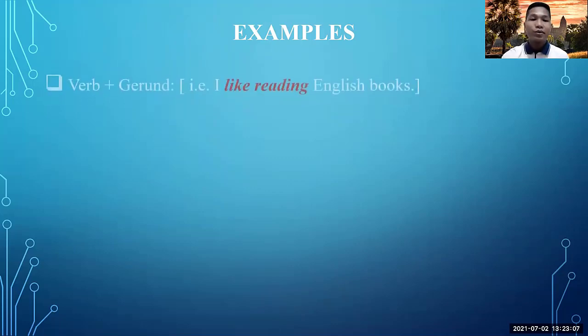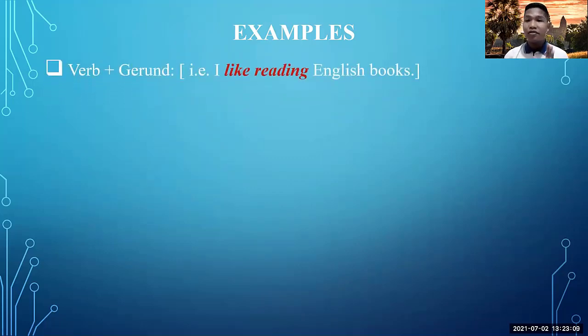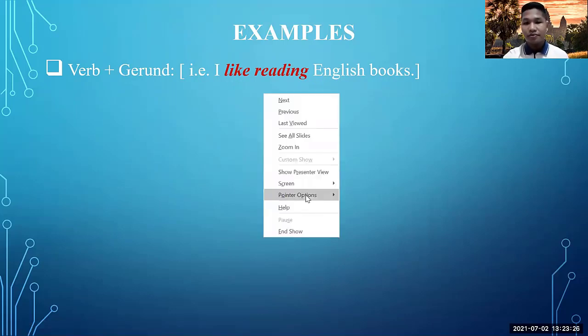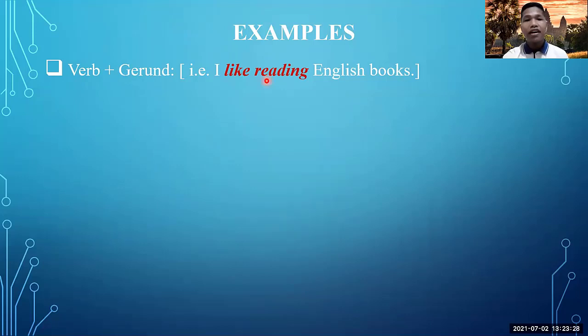Okay, so here, verb, the first form or the first item, we say verb plus gerund, right? For example, I like reading English books. If you see only "like" here, it is a verb.